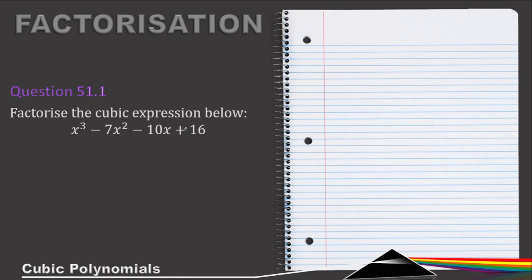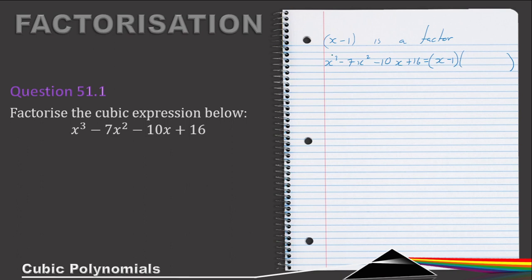Okay, same story. We know now that x minus 1 is a factor. And we are going to do the elimination method, and we write out x cubed minus 7x squared minus 10x plus 16 equals, my factor is x minus 1, and then the next factor.